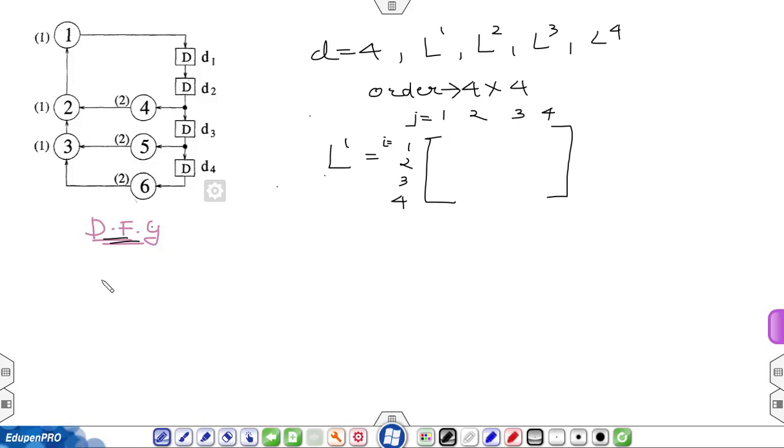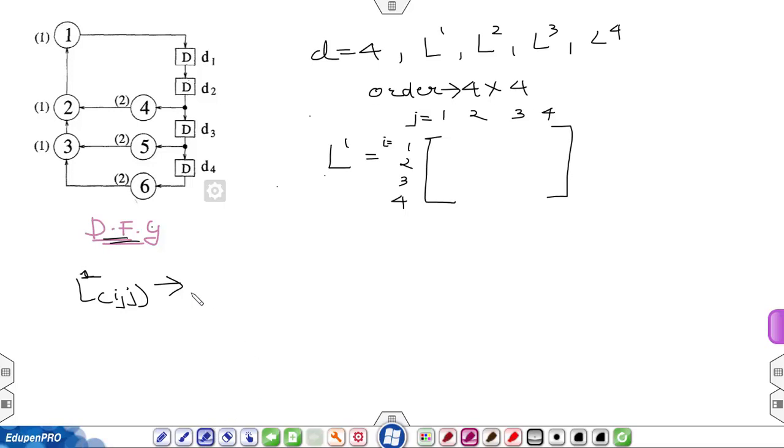And so now you have to calculate small l1 i comma j. And how will it be defined?